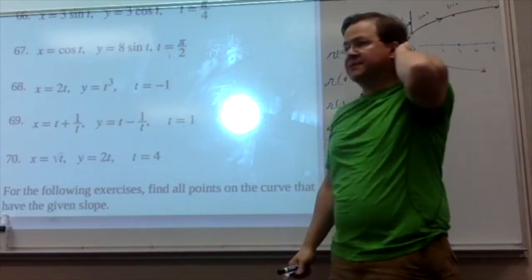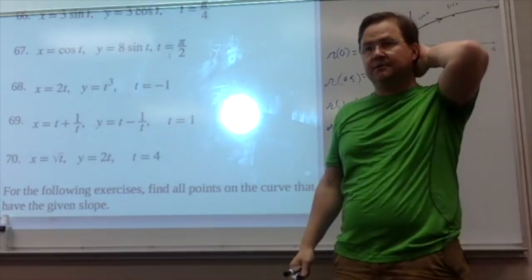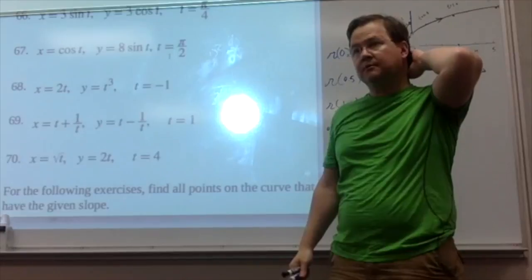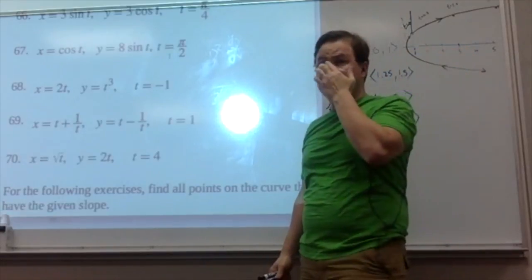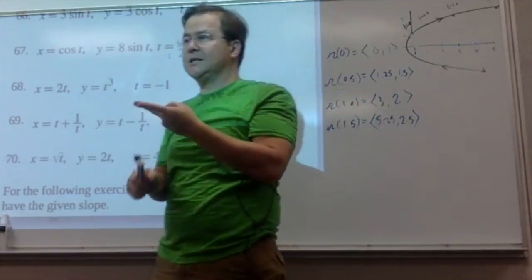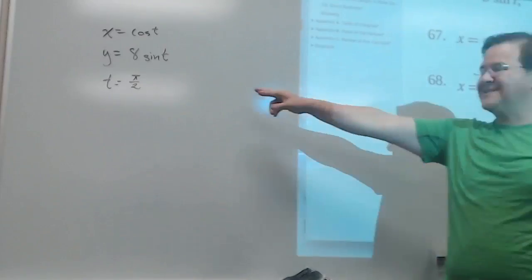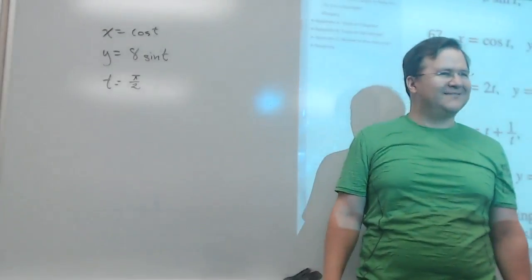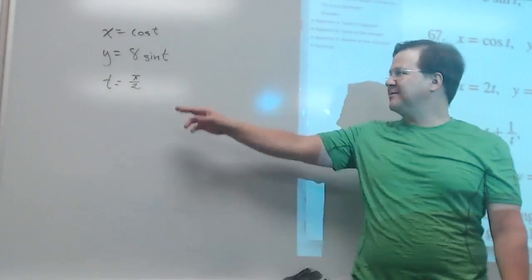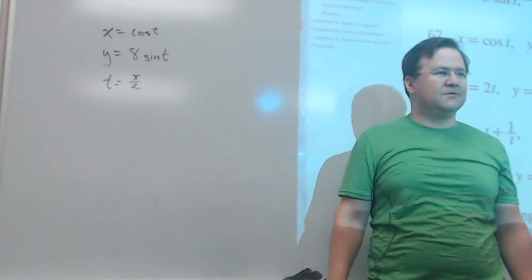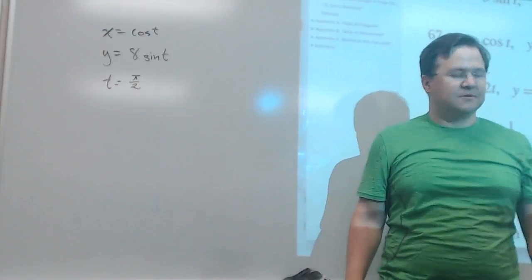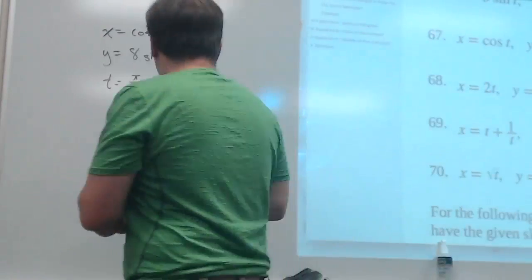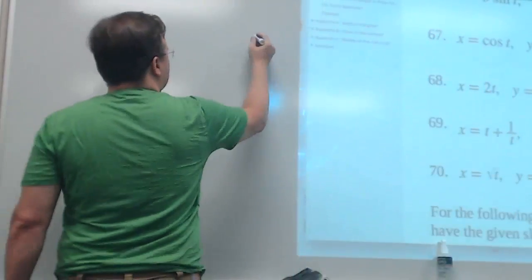The first thing that jumps out at me, I see sine and cosine. I'm thinking circle, because in a unit circle, the x-coordinate is given by cosine and the y-coordinate is given by sine. But that's not sine, that's 8 times sine. So it's going to be kind of circle-like. What is the graph looking like if you're thinking of the unit circle? It's just eight times bigger.